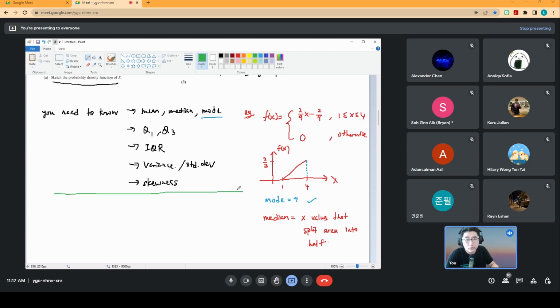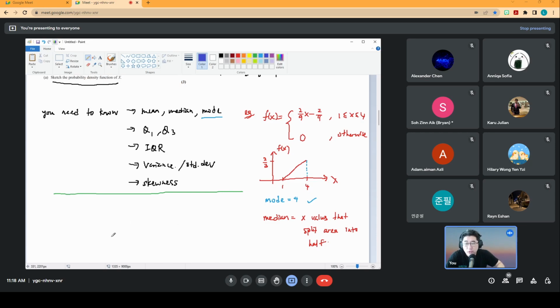Don't look at the statistics point of view first, just look at the pure math point of view. How can we tackle this question? Is the median 2.5?